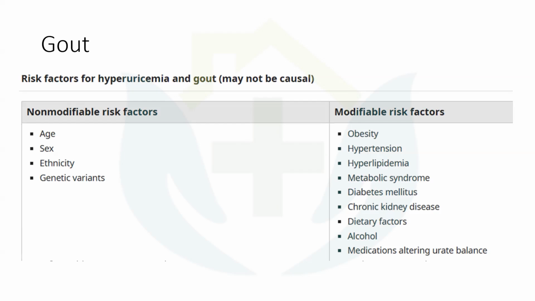Also a higher protein intake, alcohol intake, and some medications which can impair the excretion of uric acid, also cause a high uric acid. Can you go to the next slide, please?